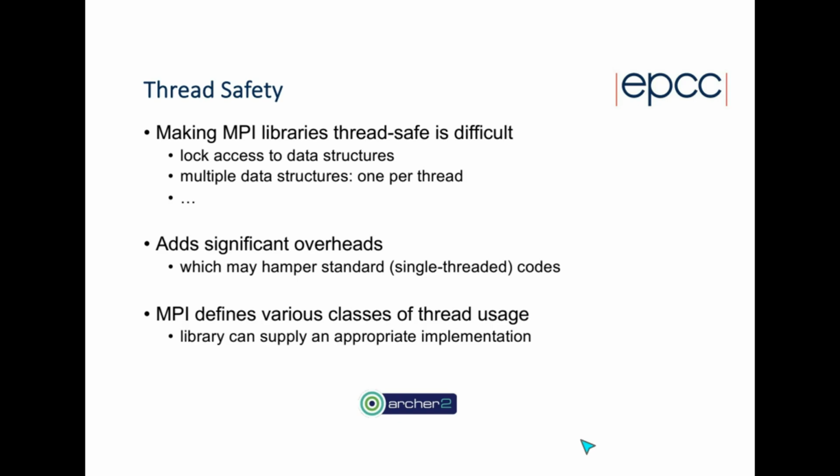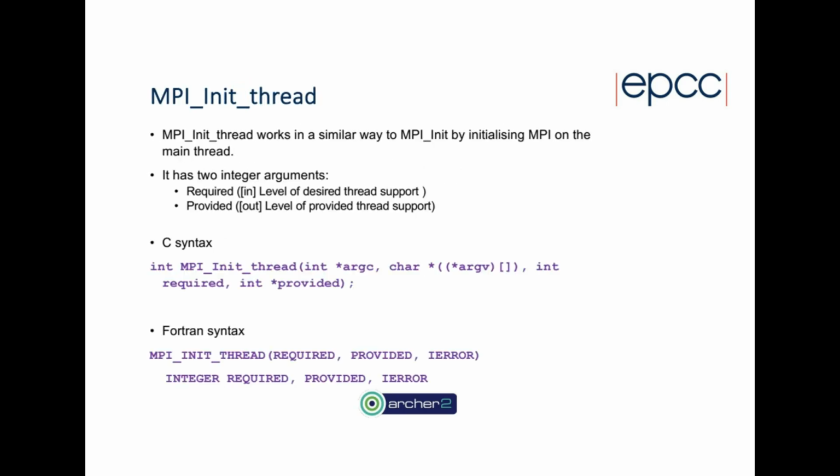So am I guaranteed that doing that will always give a correct result? MPI defines various classes of thread usage, and you can ask the library to supply an appropriate implementation. The way this works in MPI is by the function called MPI_Init_thread.